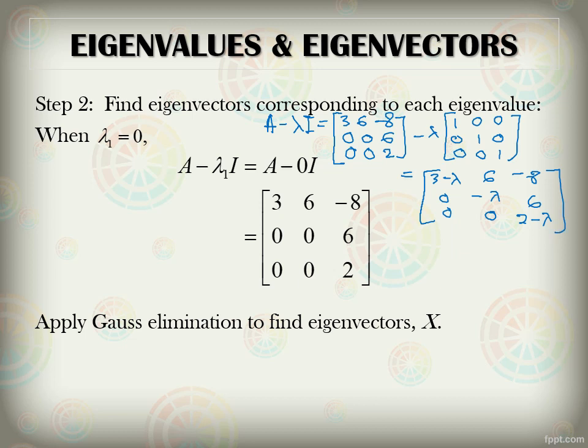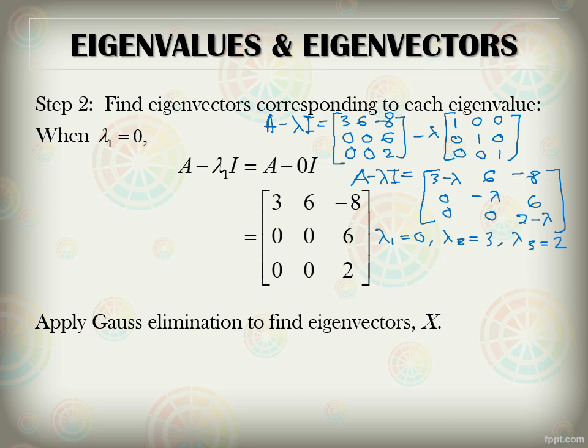Now, this is your A minus lambda I. So this is the general A minus lambda I. Now we have 3 lambdas, which is lambda 1 equal to 0, lambda 2 equal to 3, lambda 3 equal to 2.